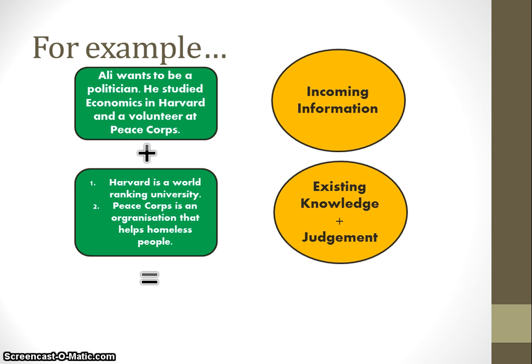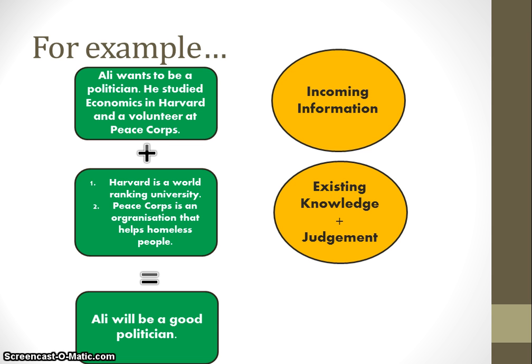So the way I judge from this existing knowledge plus the incoming information is Ali will be a good politician. Now this is where my judgment comes in. You see, why do I say that Ali will be a good politician?